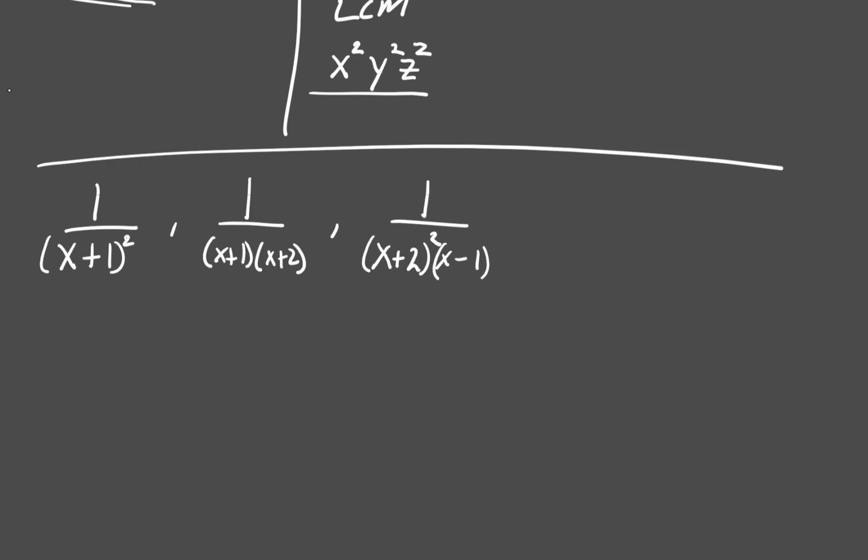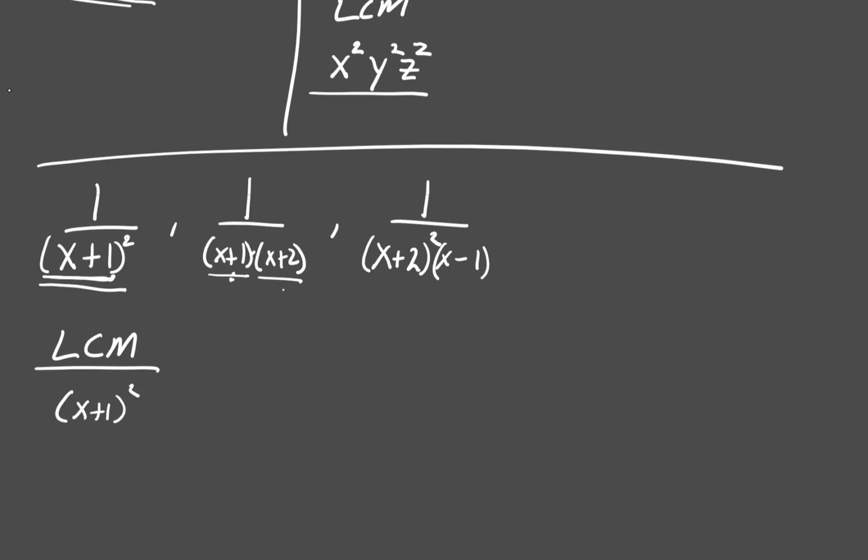Okay, so now I've got pieces that don't quite look like one thing, but since they're in parentheses, the parentheses is treated kind of like just its own thing. I'm multiplying this times this. So my least common multiple, this is already factored, right? It's x plus 1 times x plus 1. So I need x plus 1 squared in my least common multiple, so that if I divide my least common multiple by this denominator, it goes in evenly.